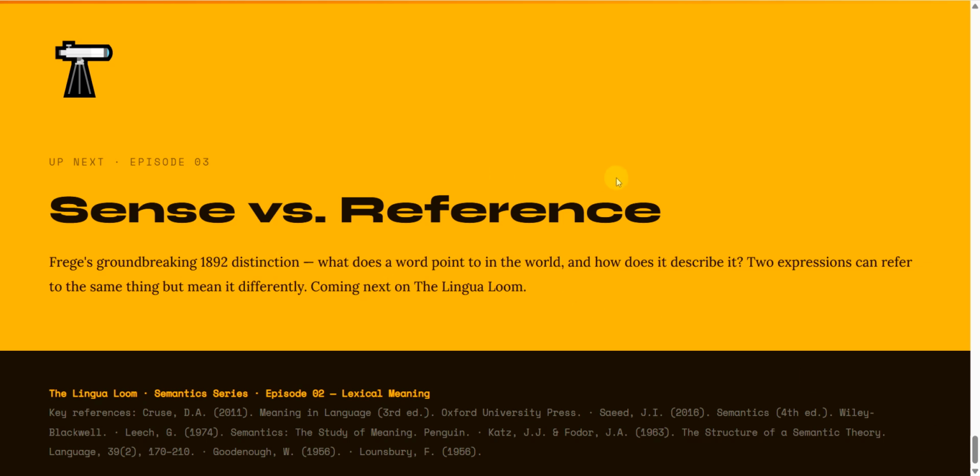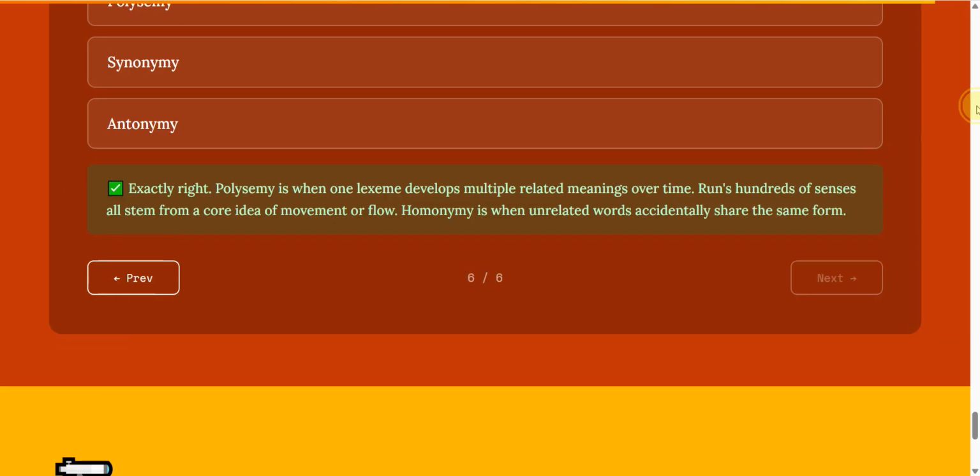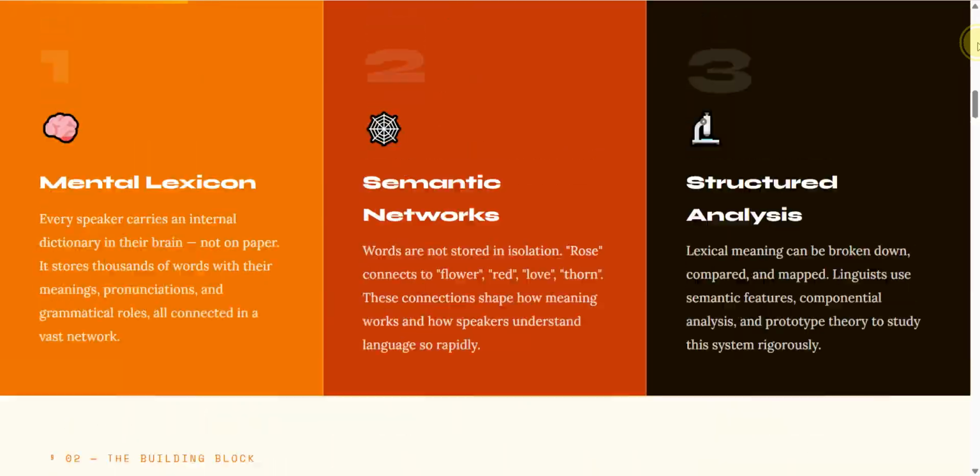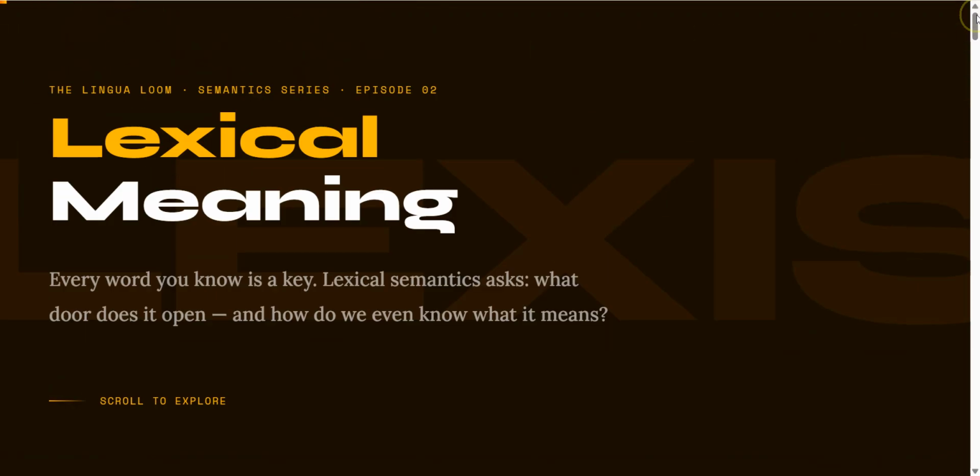This is it for today. We'll discuss sentence versus reference in the next video. So this is what we have discussed with lexical meaning, which is in your lexicon, that is, the mental dictionary.